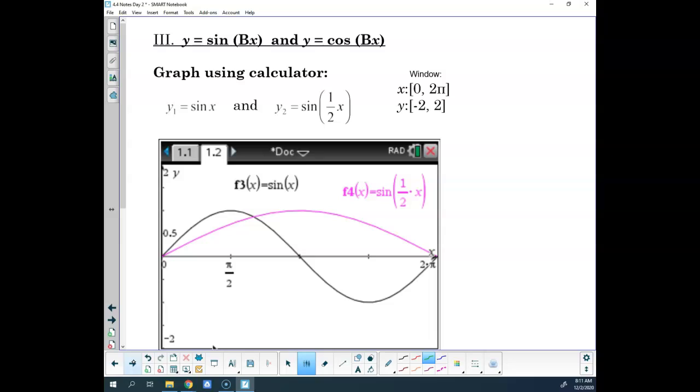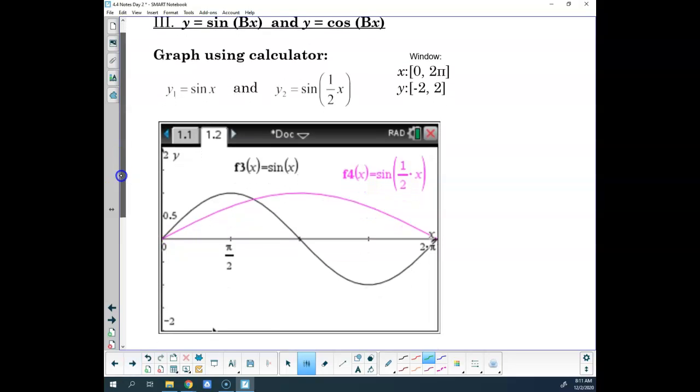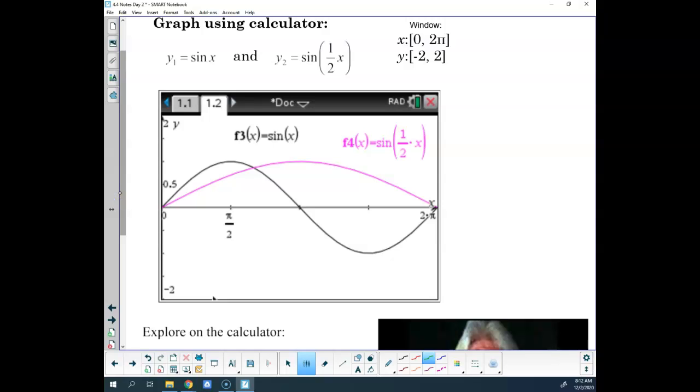So this first one I already did for you. We graphed it using a graphing calculator on a specific window. Our window went from 0 to 2 pi. The only reason we went to -2 was so we could see the full curve, but it should only go to 1. So this black one here is my normal sine first lap wave. Starts in the middle, goes up, back to the middle, goes down, back to the middle.